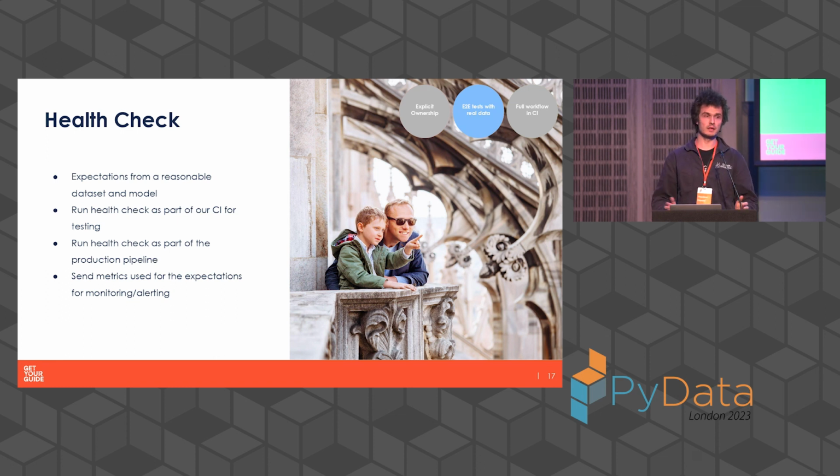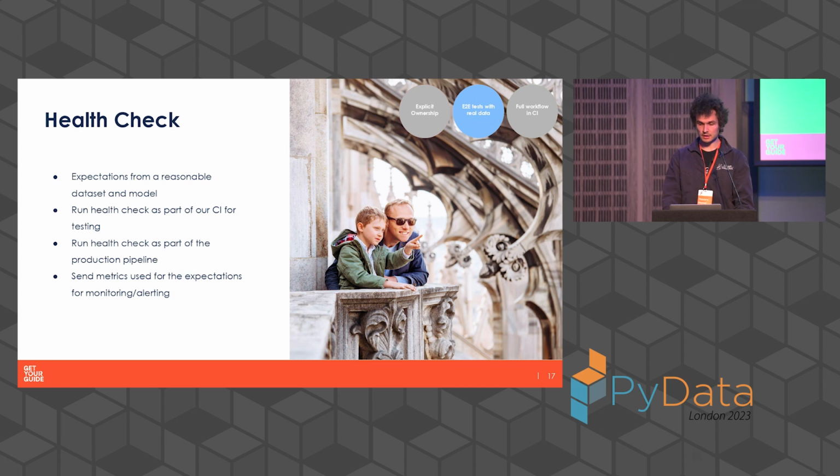If you have no bookings on one day, it will be a big problem for us, so probably there is a problem in the data. Also, you can expect the model to have an accuracy above a certain threshold. So we built these health checks to validate that our data and our model are reasonable before deploying them.